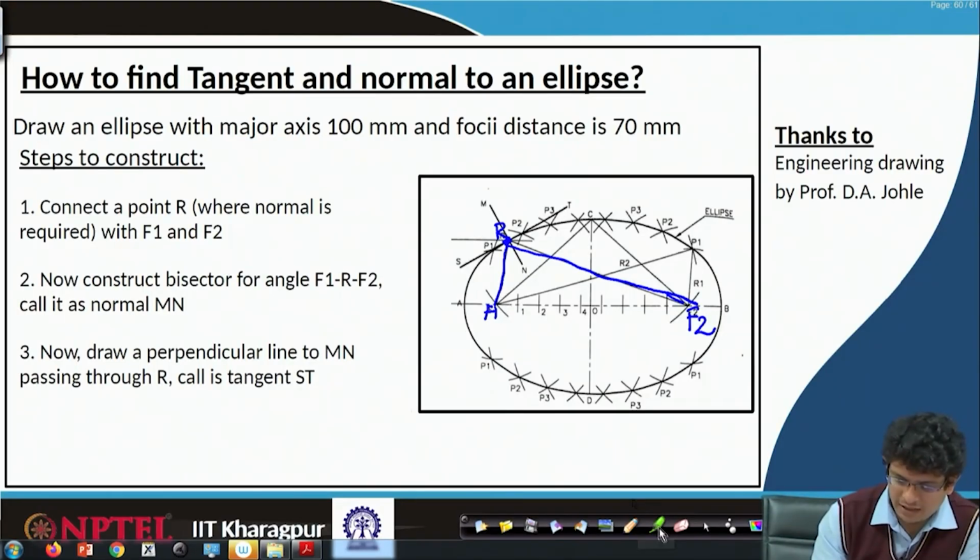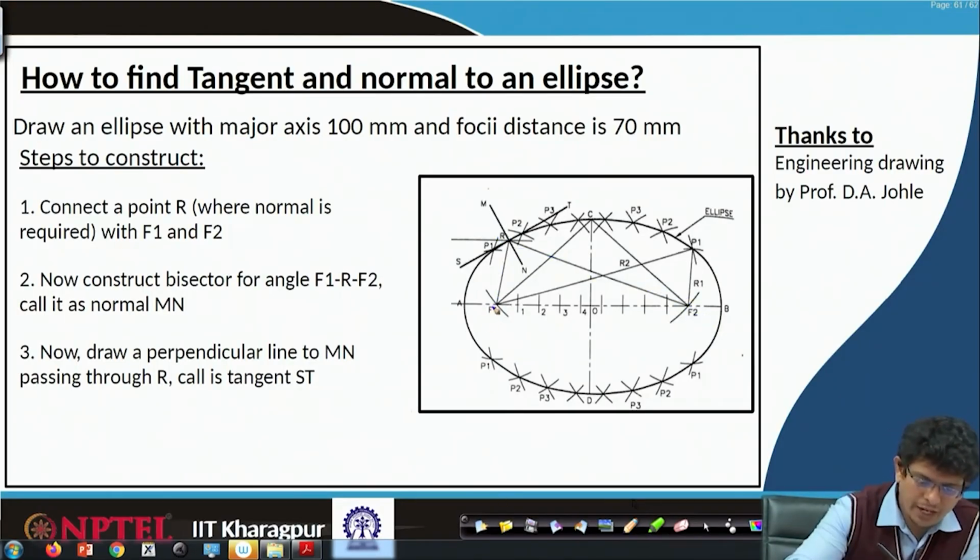Now, we have an angle F1 R F2. Now, with the center somewhere, at some distance, we make an arc, and we have to bisect it.